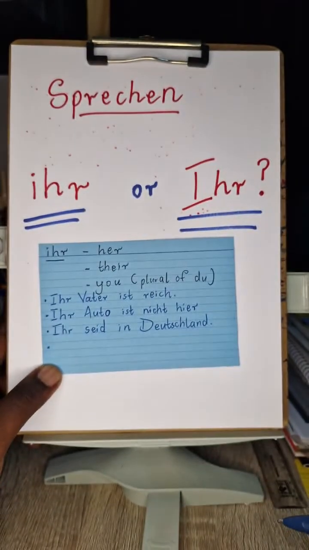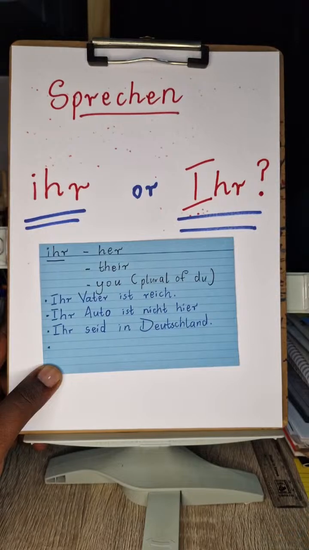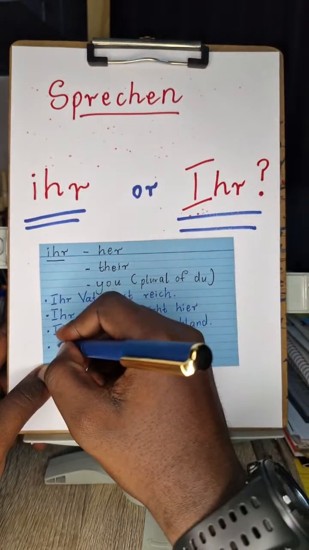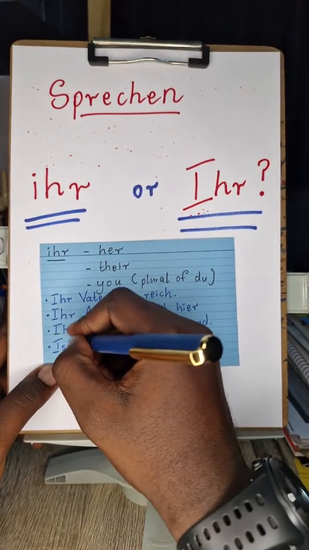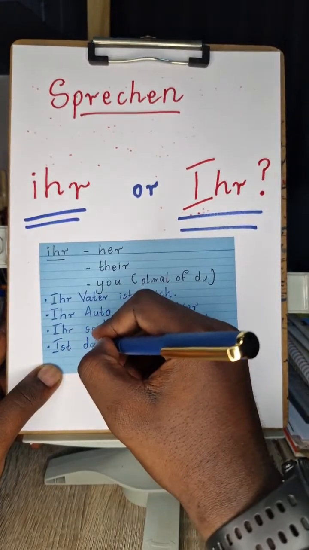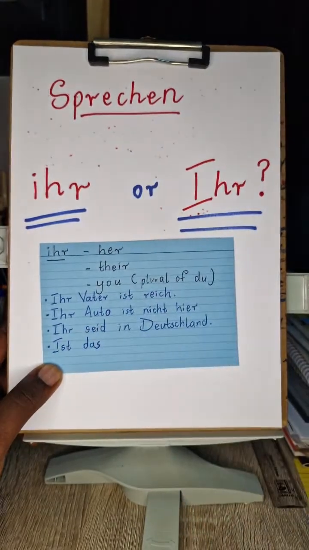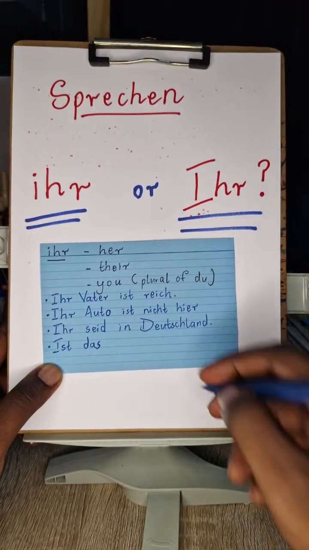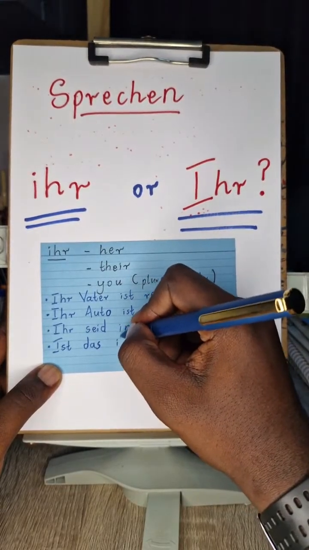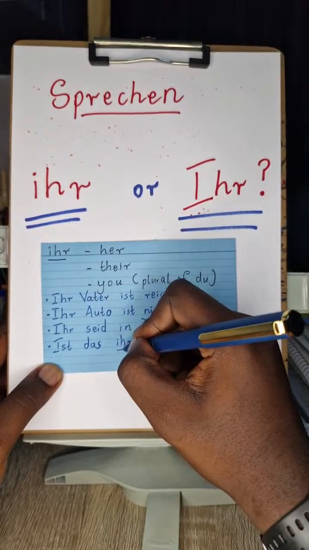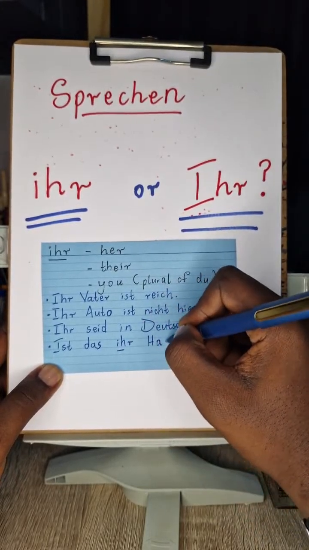Right, now again, if I could proceed to say, is this her house? Now you would say something like this. "Ist das..." right? Now to say, "ihr", small i, house.